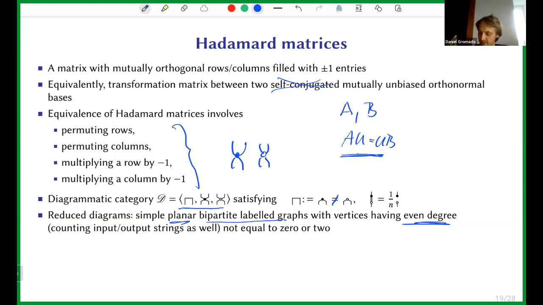So you're trying to figure out some class of matrices such that you are able to construct this diagrammatic calculus and have what I called enough reduction rules. So you have to have enough relations that are satisfied by your class of matrices, such that you can work with the diagrams in some interesting way.